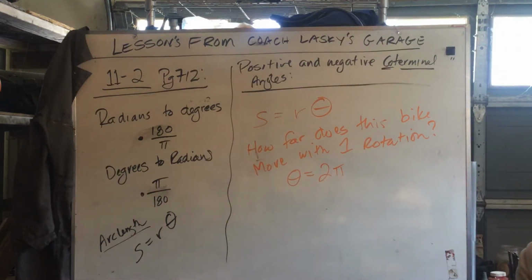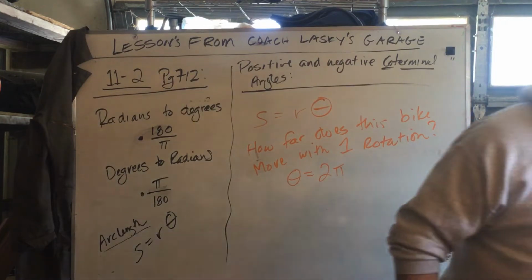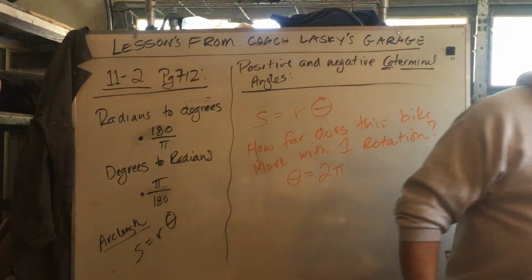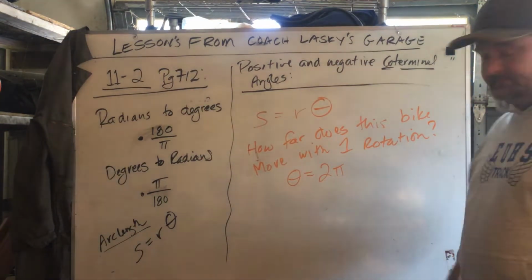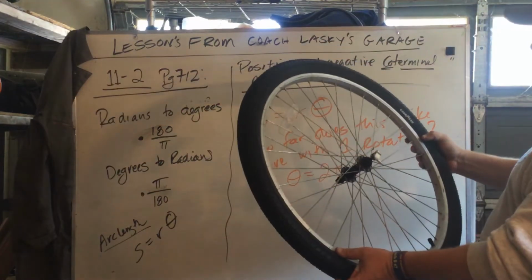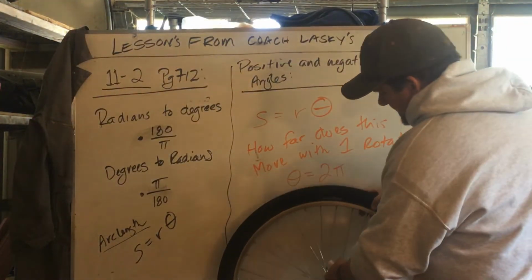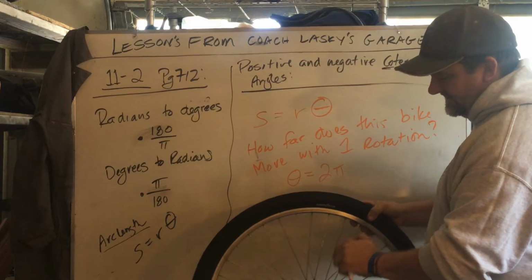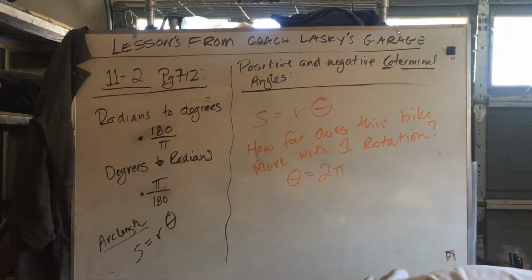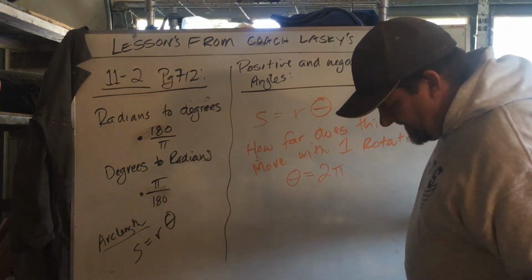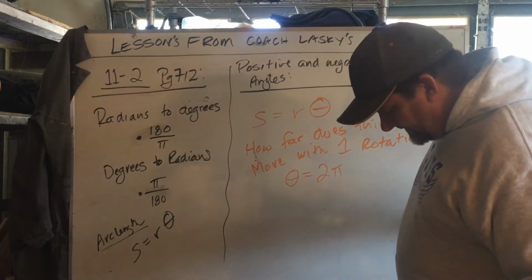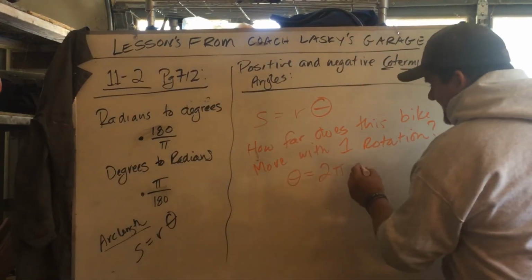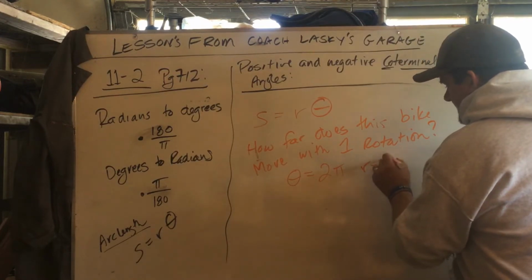Let's just estimate it. Let me use my foot. It's approximately 12 inches. Let's call it 13 inches. So my radius is 13 inches.